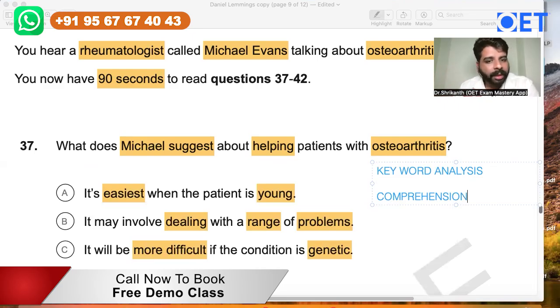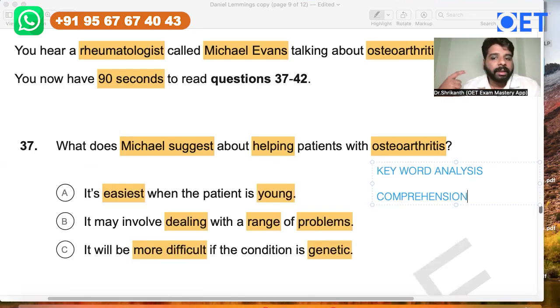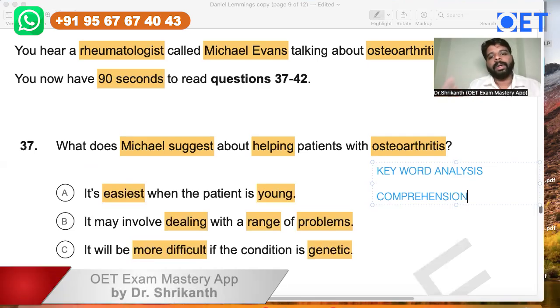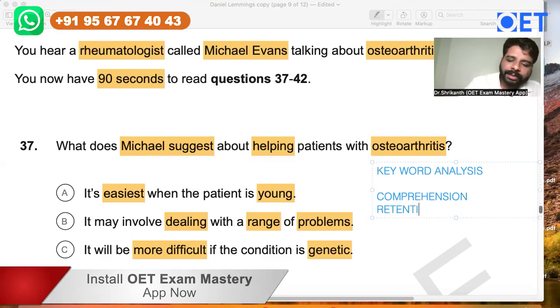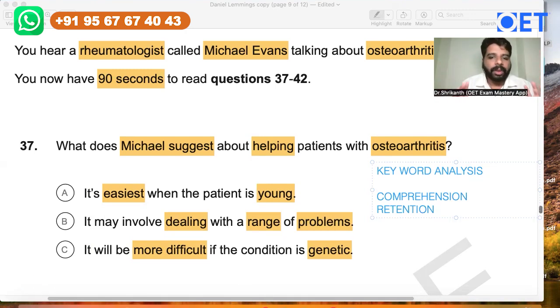Understanding the question is more important than understanding the audio, because OET is giving you marks for understanding the question. That is what we call comprehension. And to do comprehension, we should be able to do the keyword analysis. Next comes retention. Retention basically means what? Once you have understood everything, you must register this information to your memory. Okay? You must not forget what you understood.